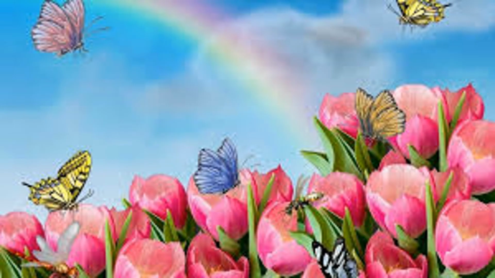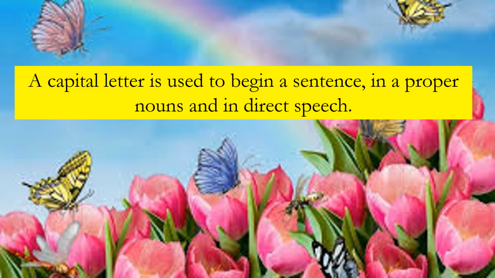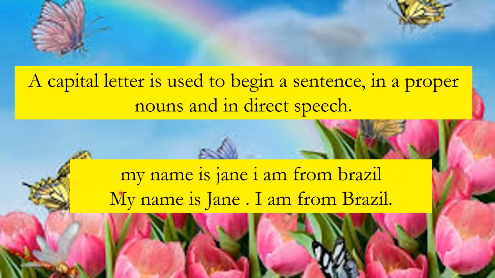Okay. Next one is the capital letter. A capital letter is used to begin a sentence, in proper nouns, and in direct speech. A capital letter may be used in your names and also in places, which are proper nouns, also in direct speech, and most importantly, at the beginning of your sentence. Let's see here: My name is Jane. I am from Brazil.